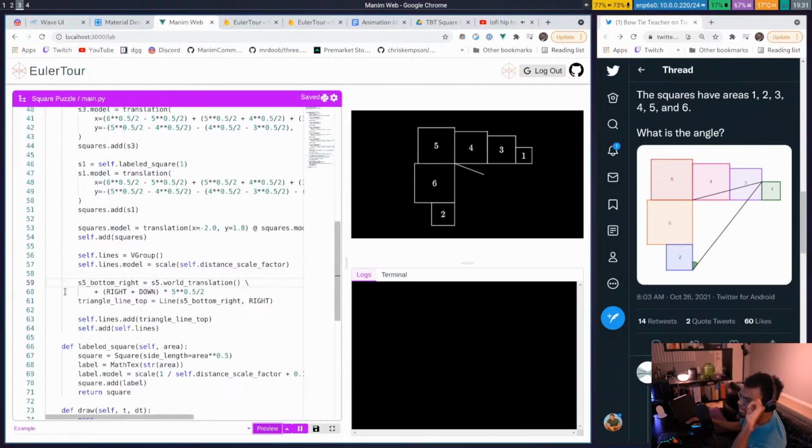Plus right plus down. Okay, and this right plus down would be a problem if there were other transformations on 5. How would I do that normally? If there were more transformations on 5, I'd want to take its world translation.